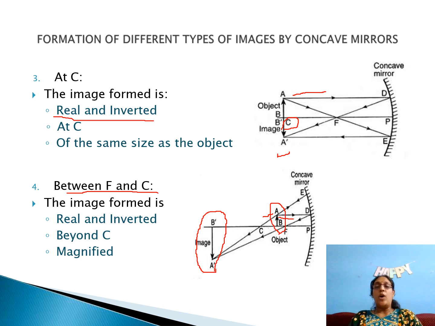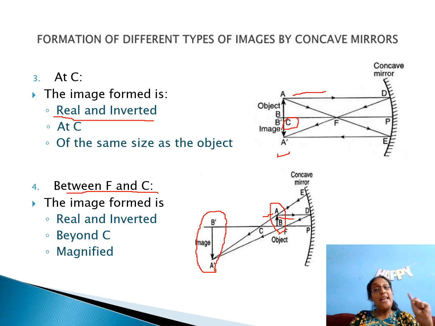So here you can see that it is inverted. It is real, and it is inverted. Inverted in the sense that AB is here and here is A prime B prime. I told you already, the orientation will vary, and the image is formed behind C. Can you get the contradiction with the second case?